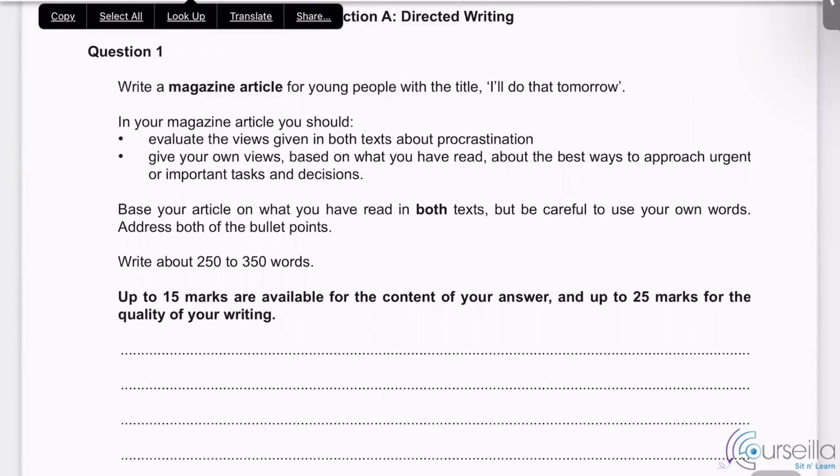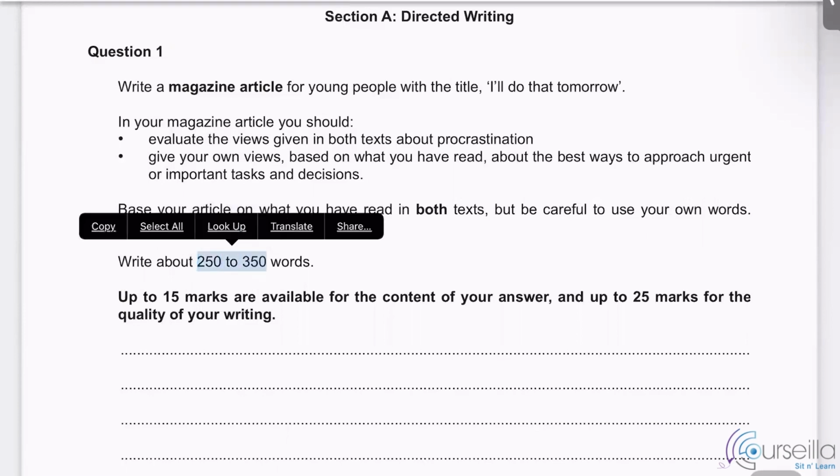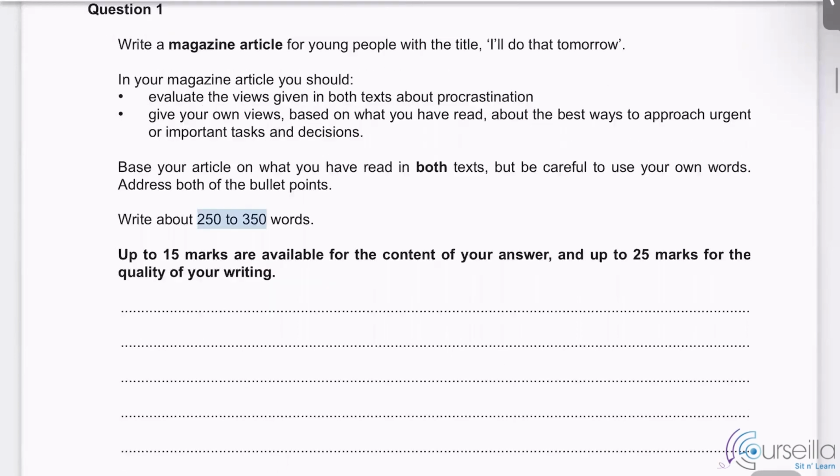Give your own views based on what you have read about the best ways to approach urgent or important tasks. Again, your work here is directed, because you have to base your ideas on the ideas of the two texts that you read. It's from 250 to 350 words.